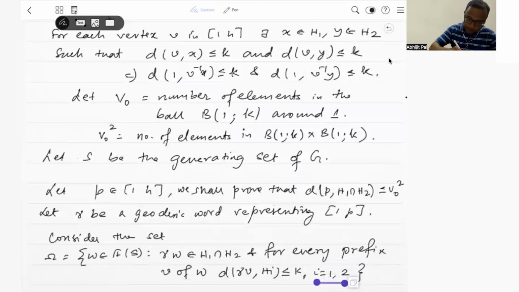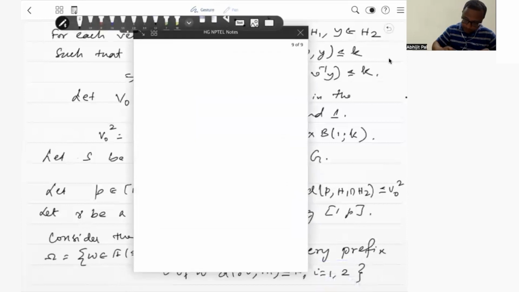So let me draw a picture of it. What is the set omega? I have taken this H which belongs to H1 intersection H2. So join 1 to H by a geodesic. And now let us take an element P in this geodesic. This geodesic path from 1 to P is labeled by gamma.